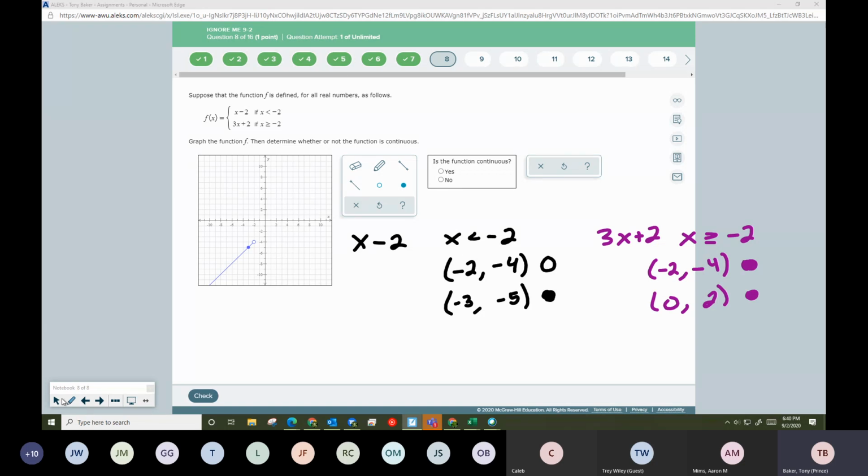Now I graph my closed dot at (-2, -4) and a closed dot at (0, 2), and I connect those dots. That's how the piecewise function ends up looking when I graph both lines. Does that make sense?